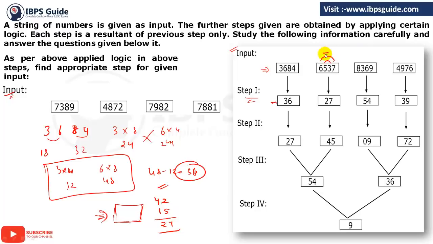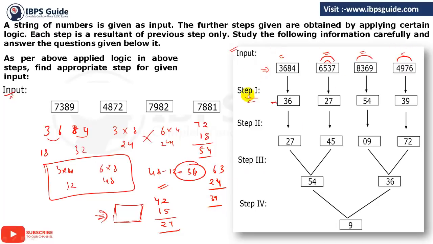Yes, you are getting it here also. Now here 8 9s are 72, and 3 6s are 18. So 72 minus 18, you are getting 54. Yes, this is also right. Now here 6 4s are 24, and 7 9s are 63. So 63 minus 24, you are getting 39. Yes, you are getting it.